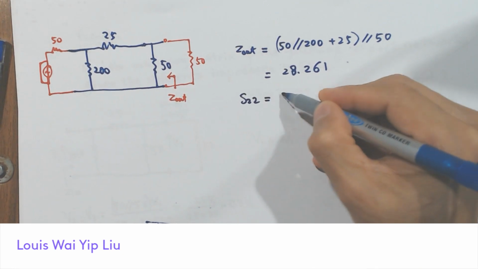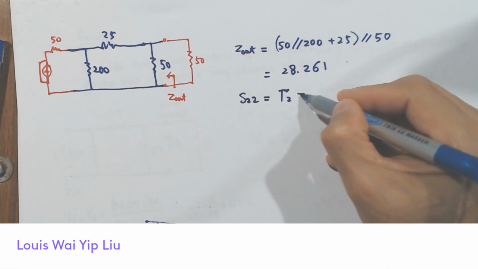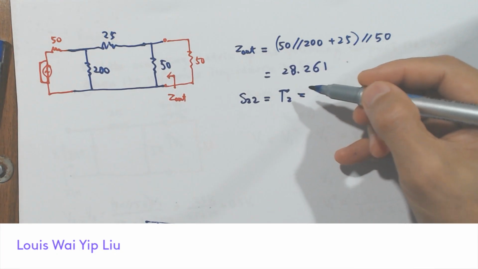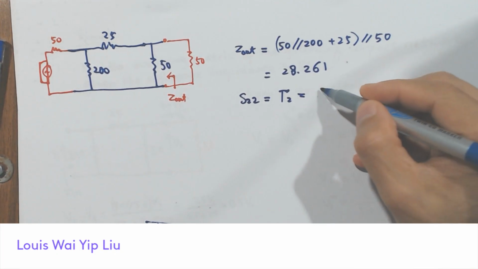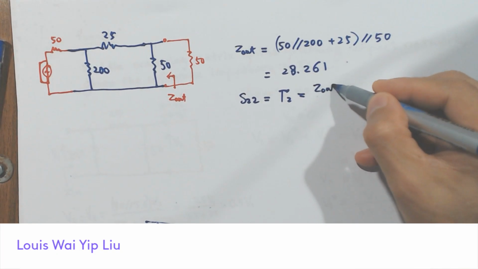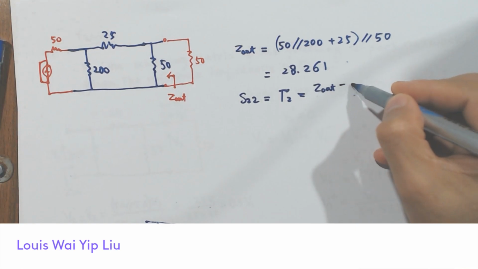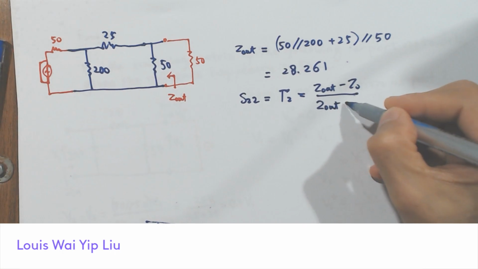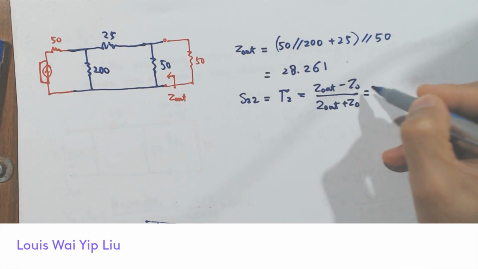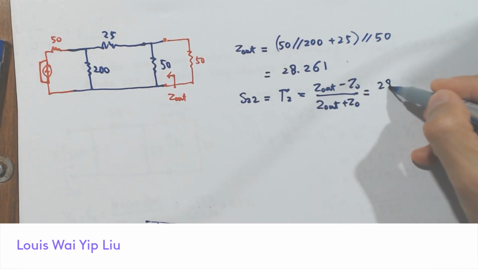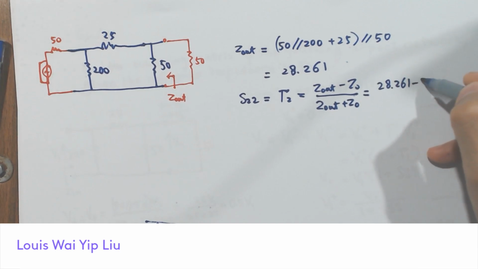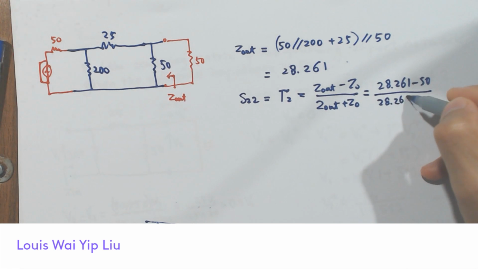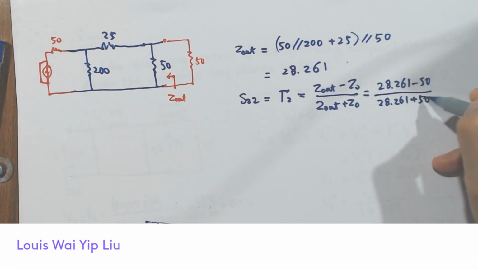S22 is equal to gamma 2, which is ZL minus 50 over ZL plus 50. So 28.261 minus 50 over 28.261 plus 50.